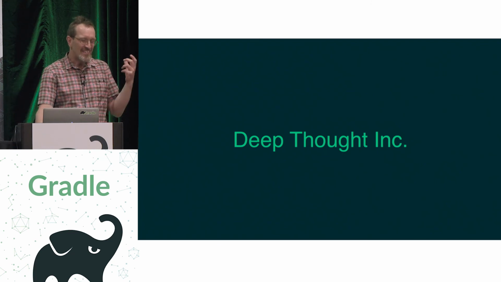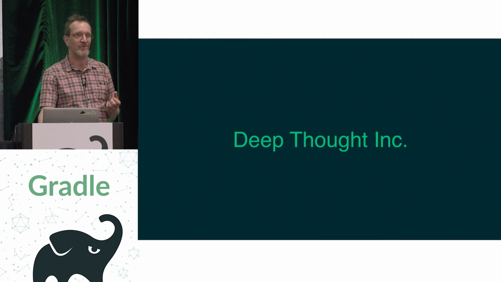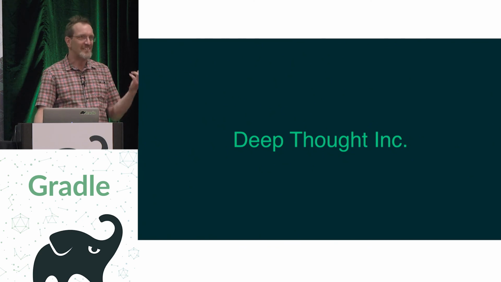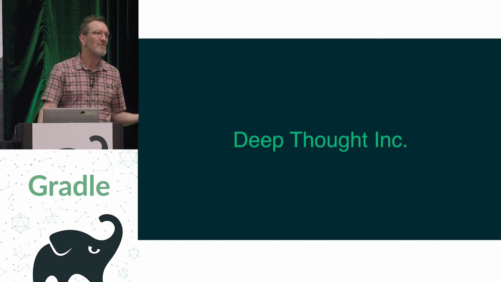There are deep entanglements in your code base, I promise you. There are assumptions you're making that are going to make it really hard to break out. So composite builds doesn't magically solve those problems, and it didn't for me either. So I've had to come up with more of a flimsy example that's optimized for this demonstration, and I apologize for that, but it actually helps bring the story together.